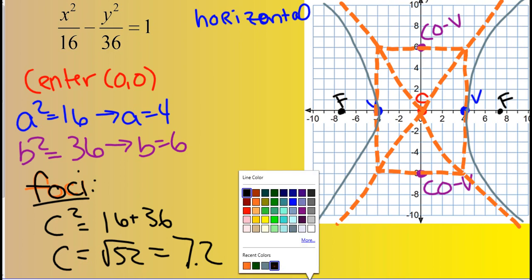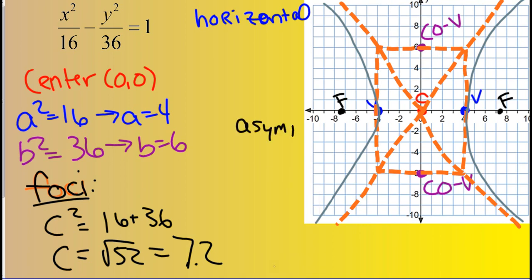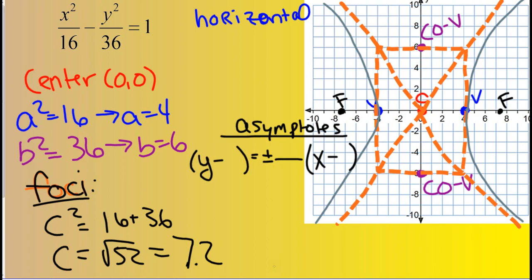So we're going to write the equation. Remember, start with your framework. It's going to be y minus some number equals plus or minus. You need a slope, so you put a fraction bar, and then it's going to be x minus some number. Those two numbers in the parentheses are your center, 0, 0.